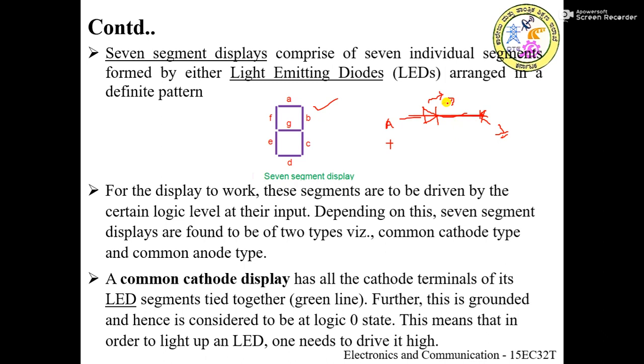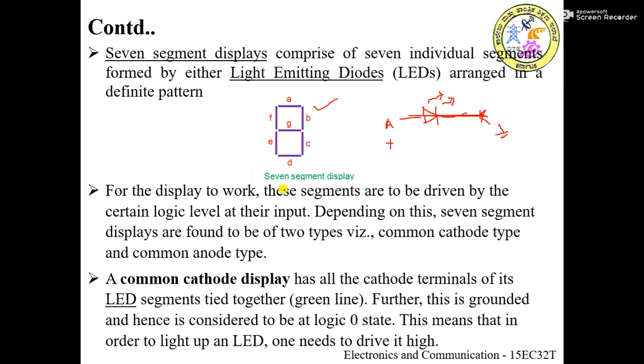Now the question arises, are there different versions of 7-segment displays available? Yes, if you go to the market, there are two versions. One is known as common cathode display and another one is known as common anode display.